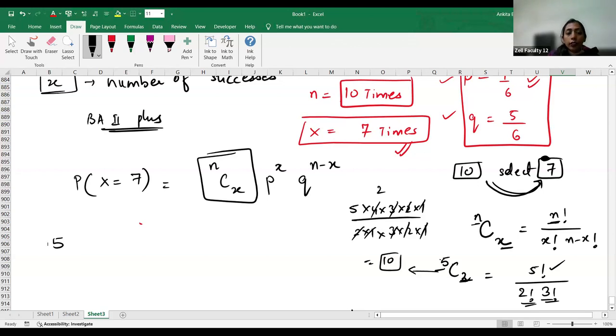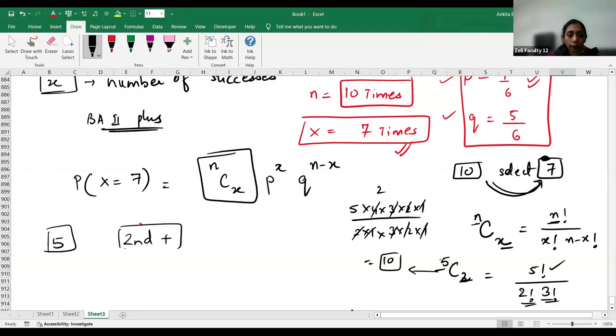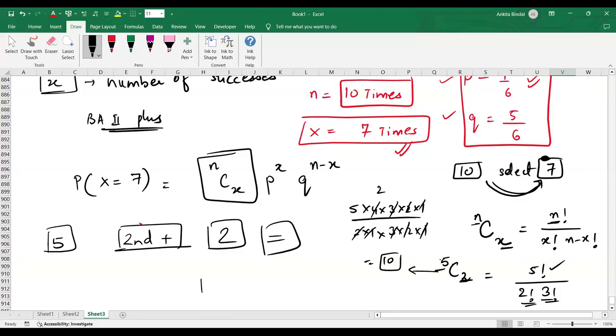Then press second and the plus sign. Then press 2. Then press equal to. Are you getting 10? Yes, 10.